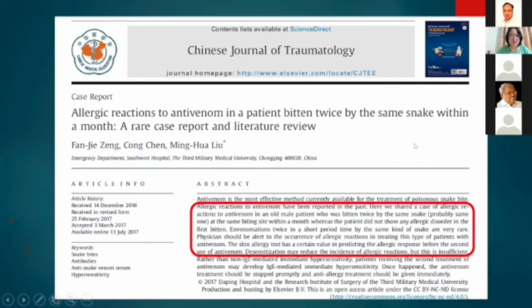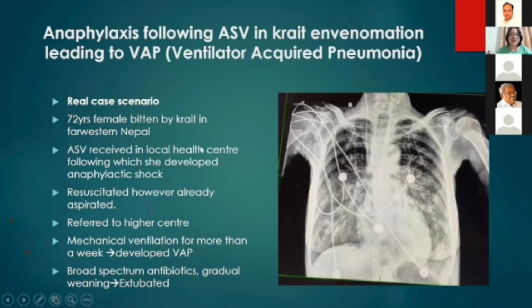So after this, this actually is a real case scenario. This is a case of anaphylaxis following anti-snake venom in a Krait envenomation, leading to VAP, that is ventilator-acquired pneumonia. This patient is still in the hospital. This case is taken from a far western hospital of Nepal.